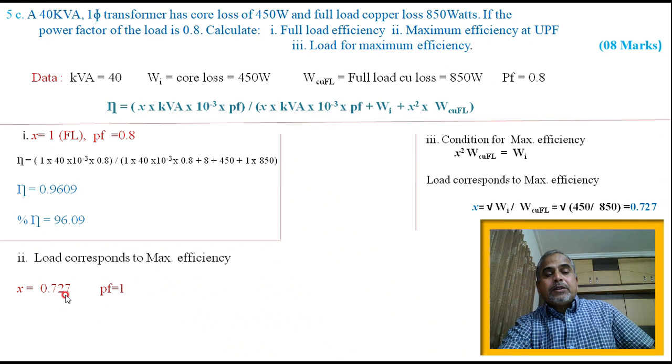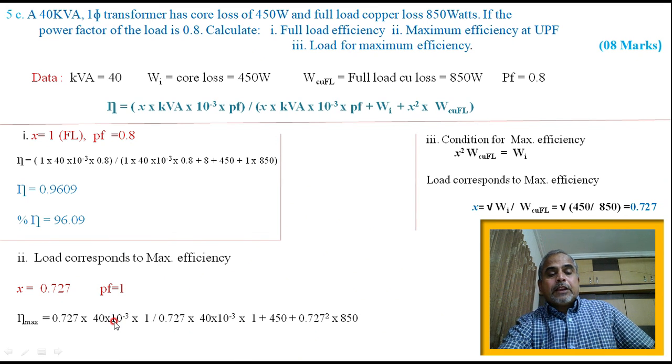Therefore, 0.727 is the loading factor and the power factor is 1. Once again I am substituting all the values in this equation, and what I get is a maximum efficiency of 0.9699, or 96.99%.